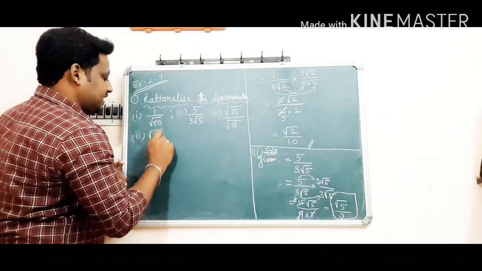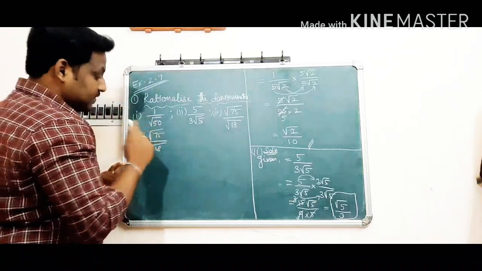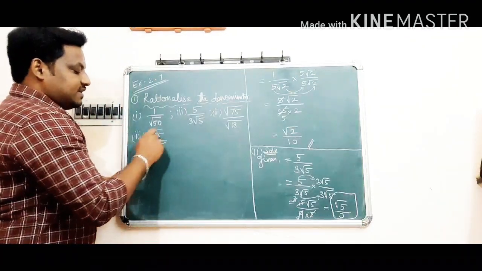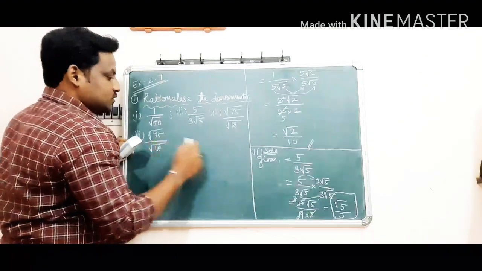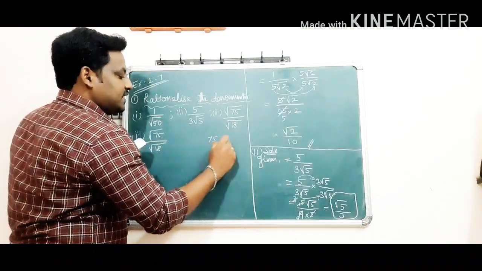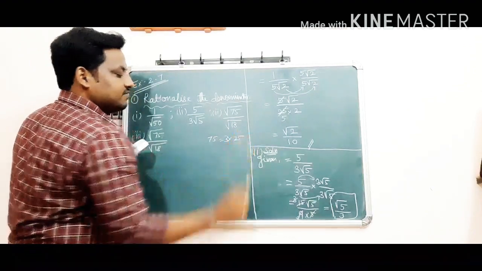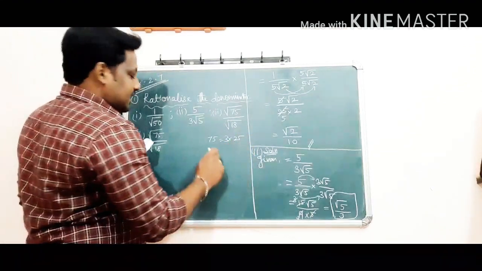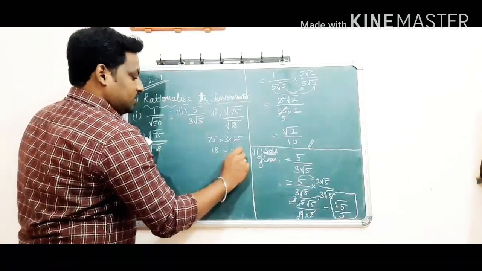root 75 divided by root 18. This is the given value. Here 75 is also a huge number and 18 is also, we can split the number. So 75 we can split into 3 into 25, and then 18 we can split into 2 into 9.